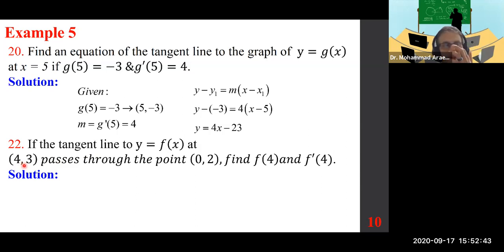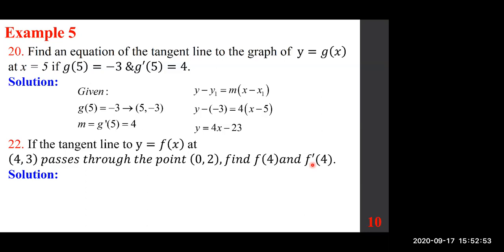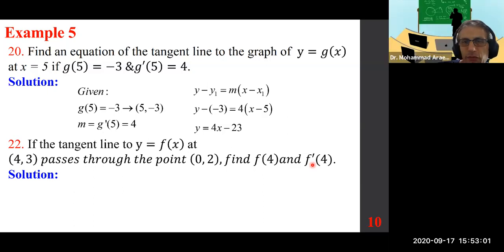Can we come up with f prime of 4, class? Anybody? Yes, we can do that by subtracting both y's and over both of the x's. Thank you so much, Joseph. You have 2 points, find the slope.